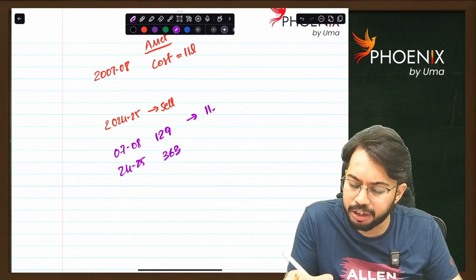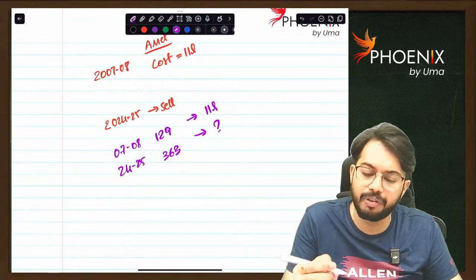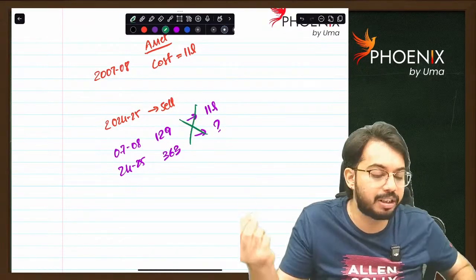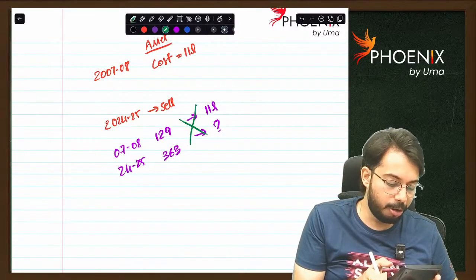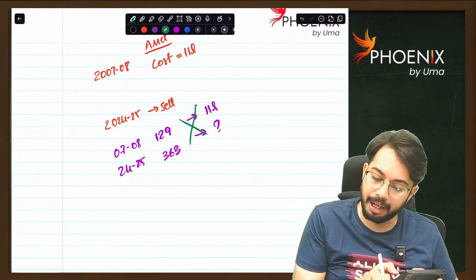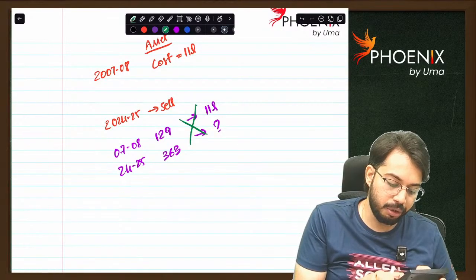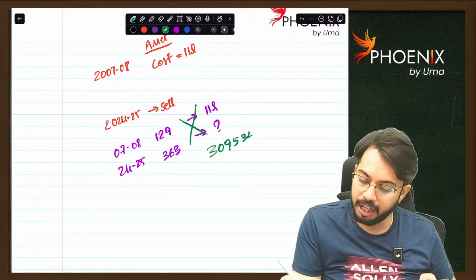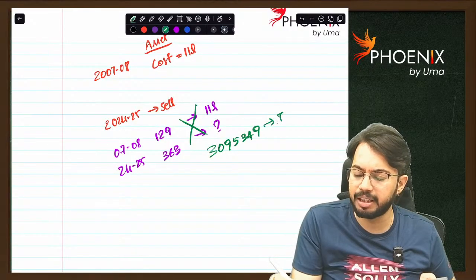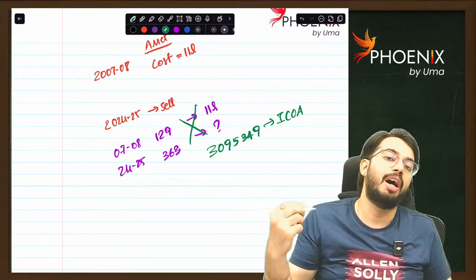In 7-8, cost is 11 lakhs. In 24-25, how much is the cost? Do the cross calculation. How much? 11 lakhs divided by 129 into 363. 30 lakh 95,340 will be considered as indexed cost of acquisition.